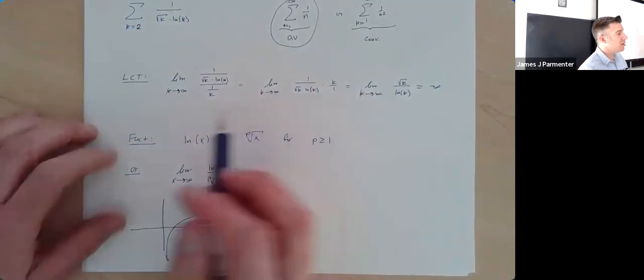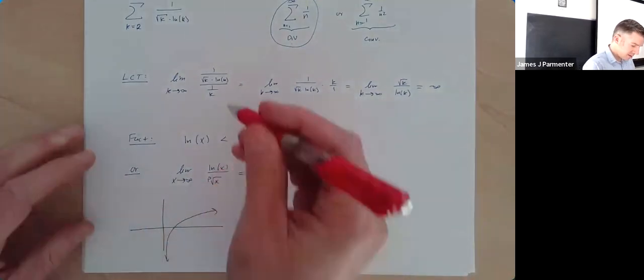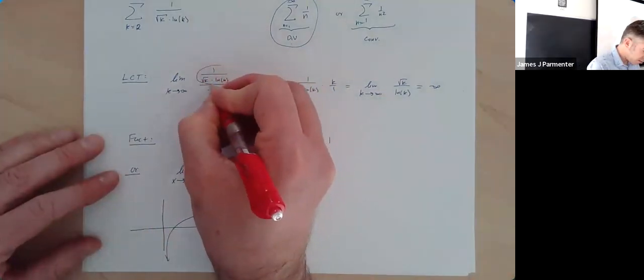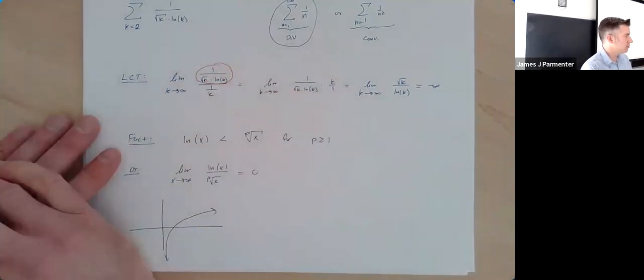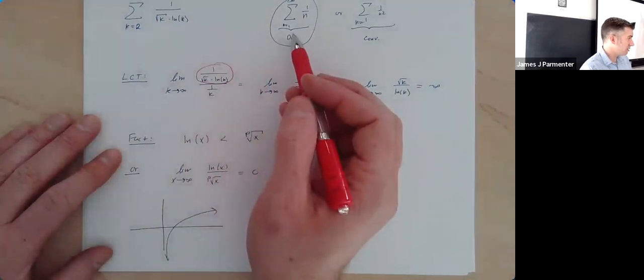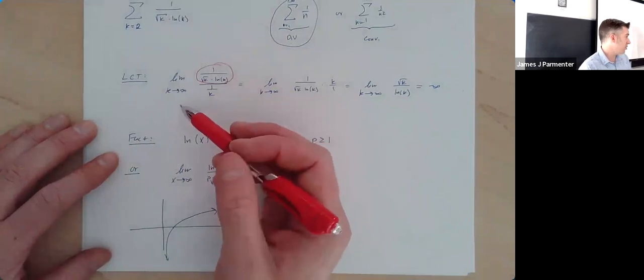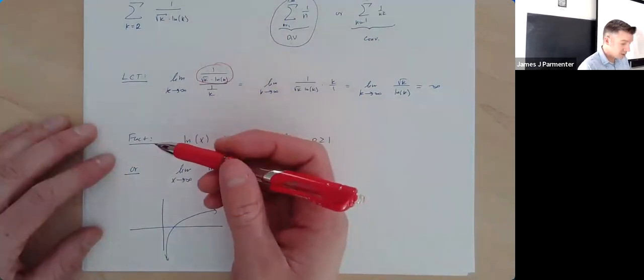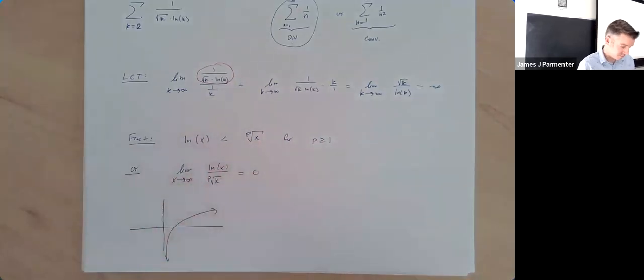So here's another way of reading what we've done. We said the top thing is infinitely larger than the bottom thing. And since the bottom thing comes from something that's diverging, the top thing is infinitely larger than something that's divergent. So it is also divergent. So infinity is a-okay if you're showing divergence.